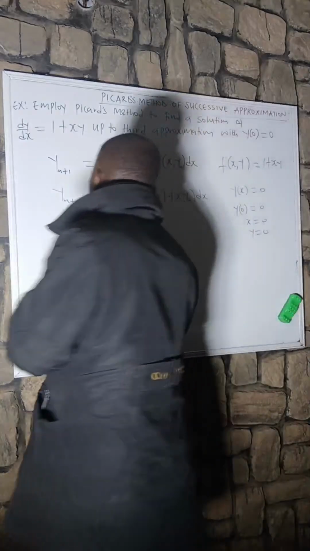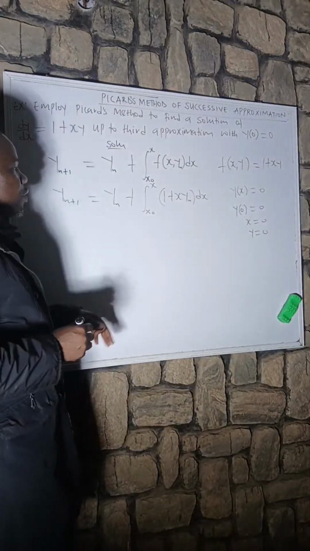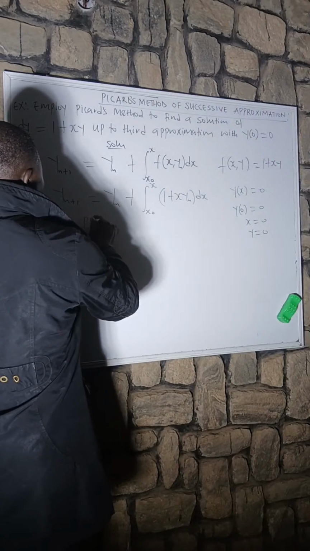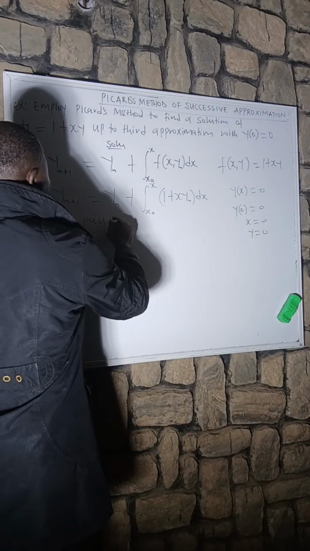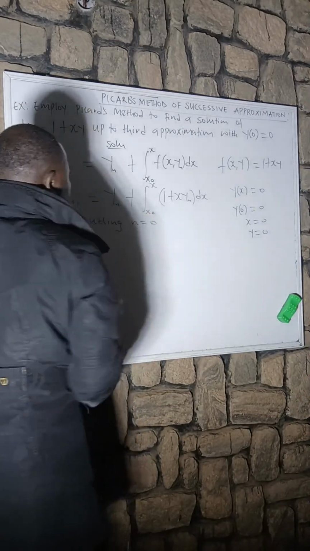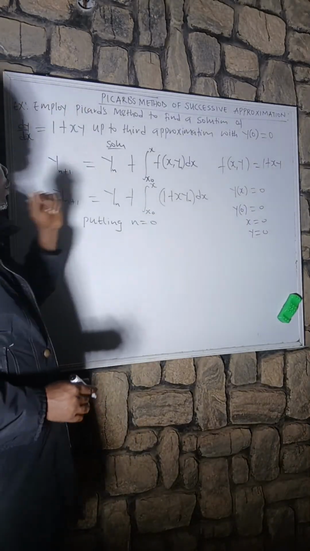Since it has to do with iteration, we start by putting n equals 0.